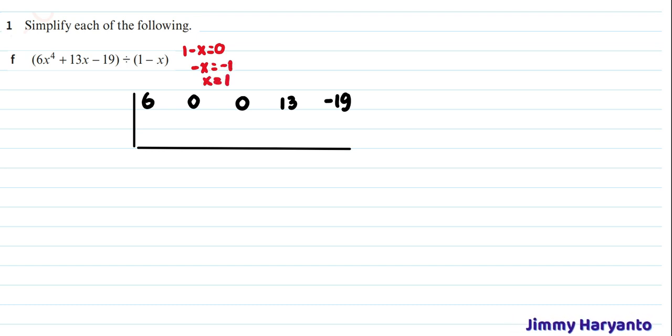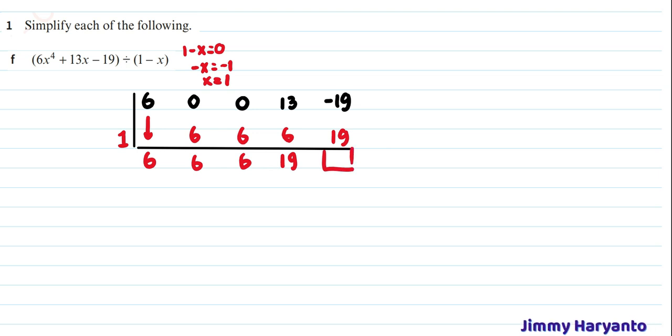So 1 will be right there, going down, multiply, add, multiply it again, add, multiply it again, add, multiply it again. Sorry, it should be 19, and the remainder equals 0. Do not forget to divide this by negative 1 because the coefficient of x from the divisor is negative 1.